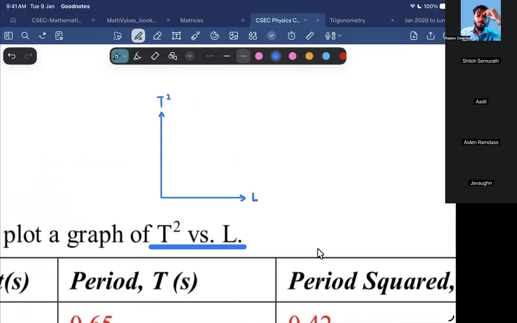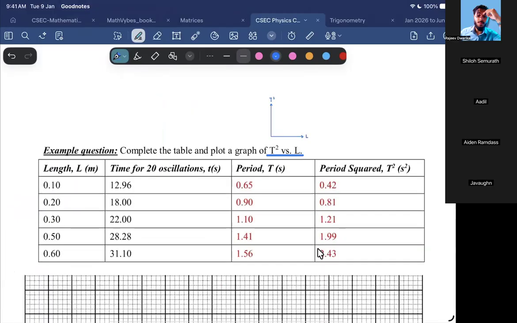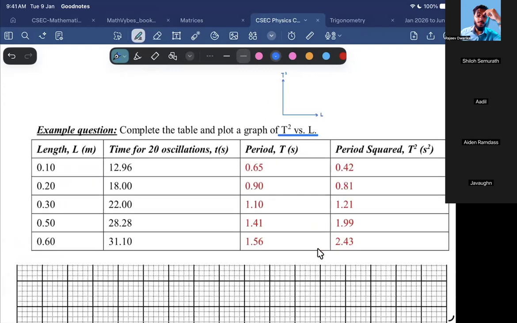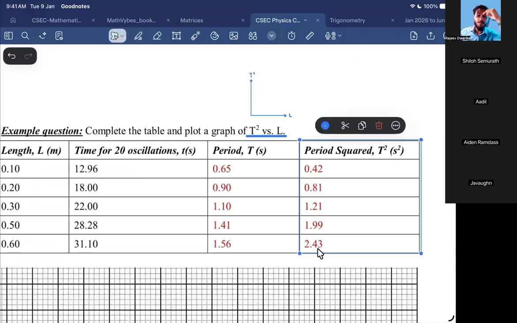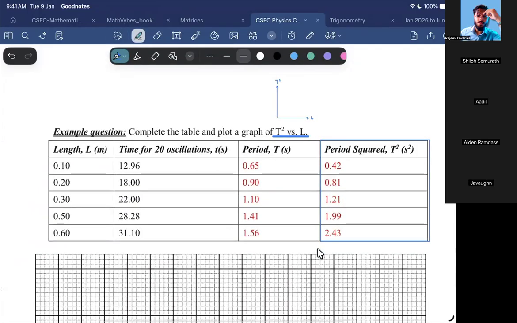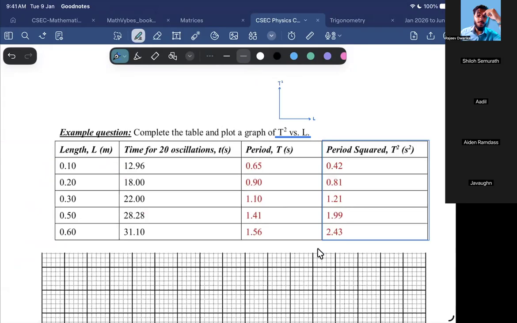Let me know if you understand that. Yes, sir. The main ones we'll be looking at are t squared, not t, because we're plotting t squared versus L. What's the other part of the table we should look at?